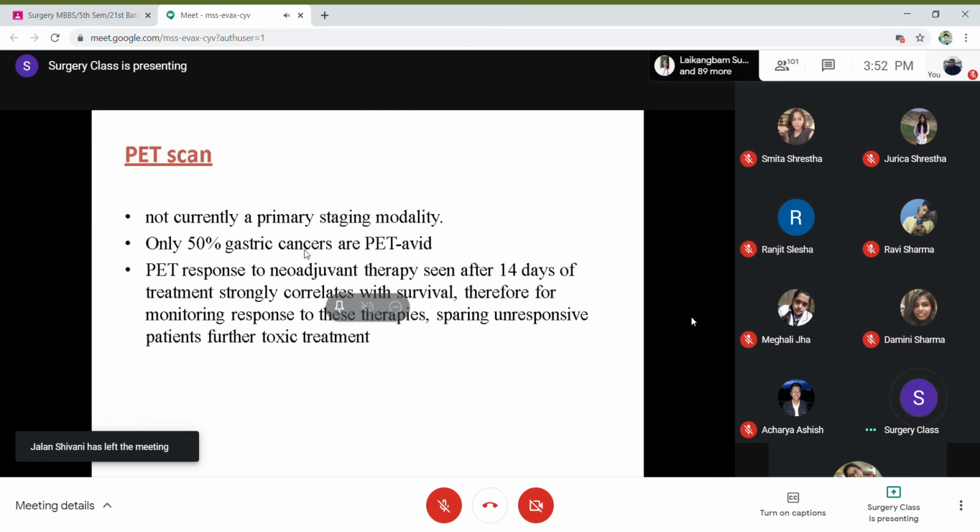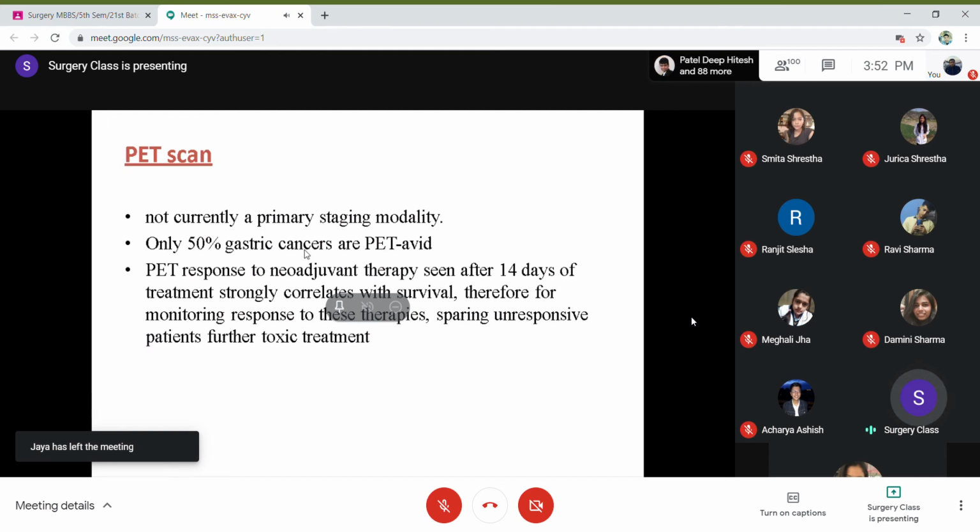PET scan is not used most of the time for gastric cancer, because only 50% of gastric cancers will take up the marker you use. Whenever you do a PET scan, you have to inject a marker, where we use FDG, fluorodeoxyglucose.